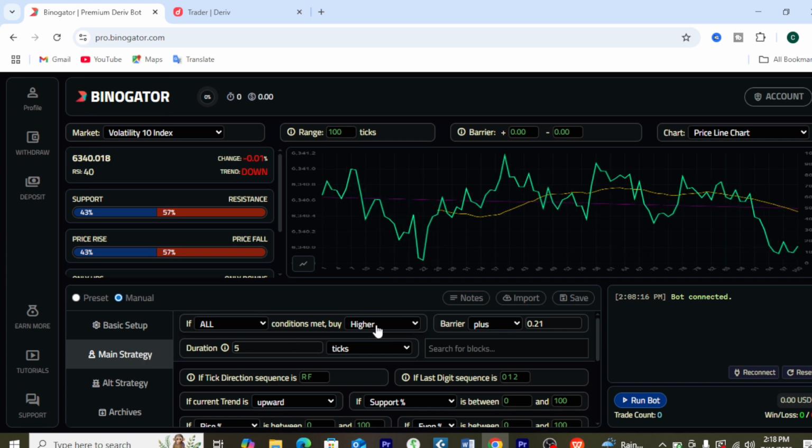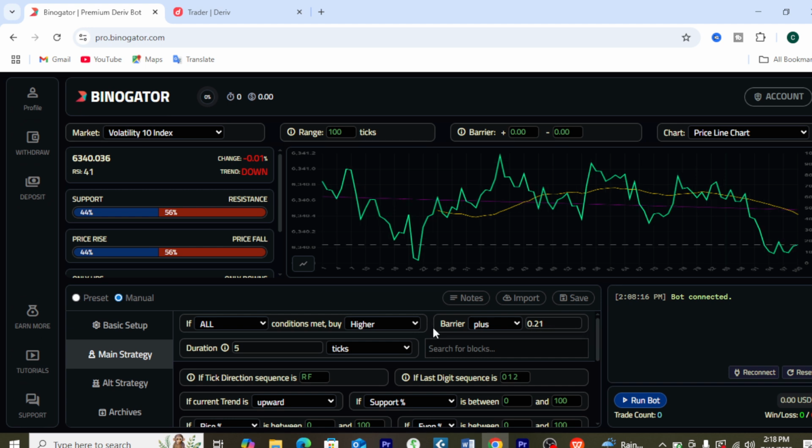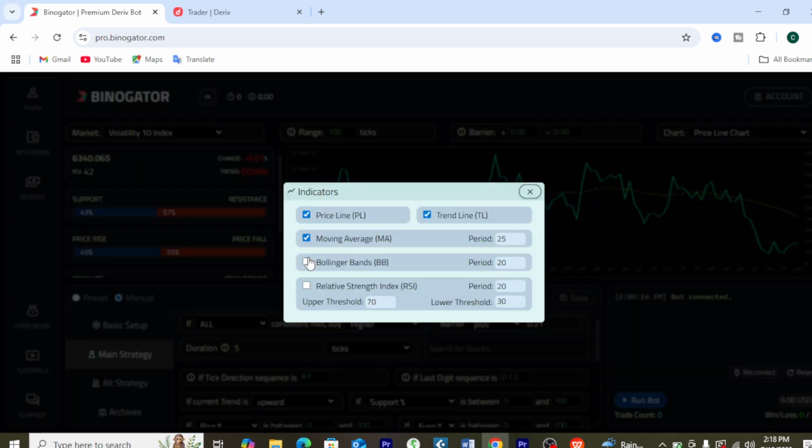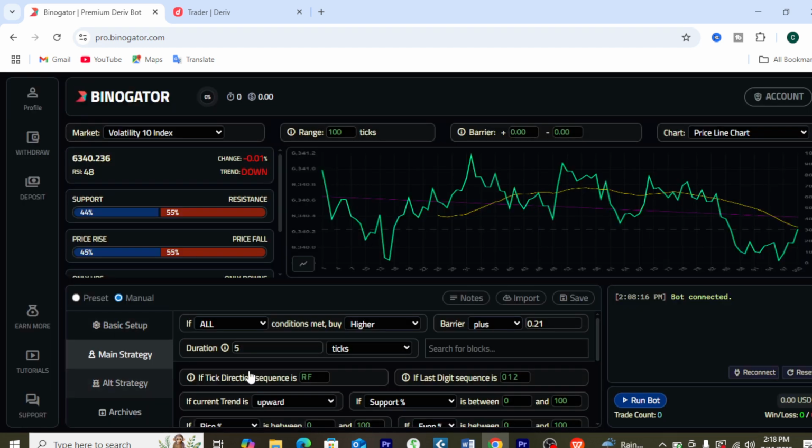So the barrier is set to plus 0.21. Then I'm going to click on this indicator and make sure that this moving average is clicked. I'm going to click on this moving average and change the period to 10. Then close this.